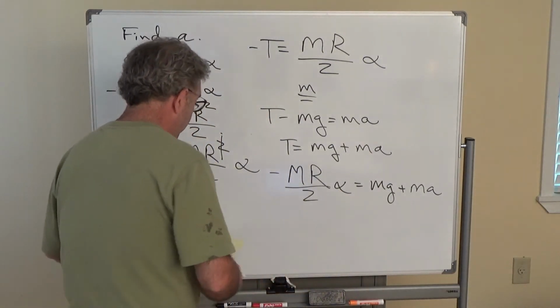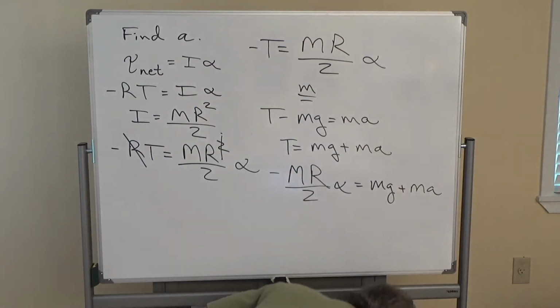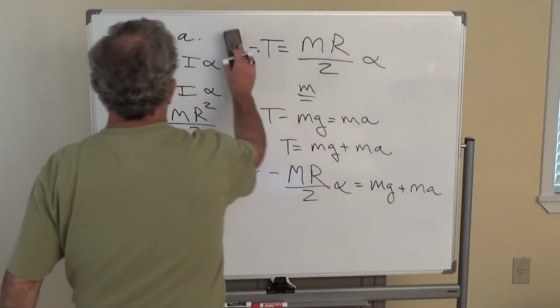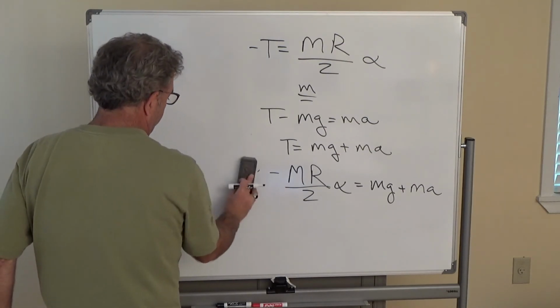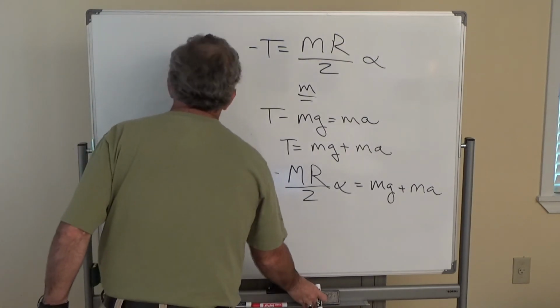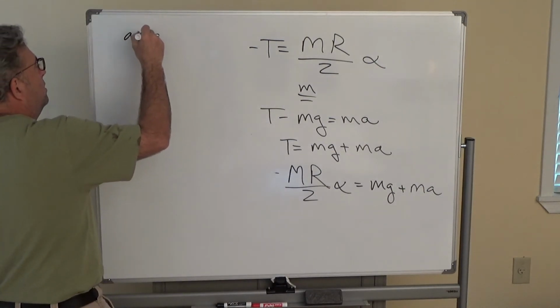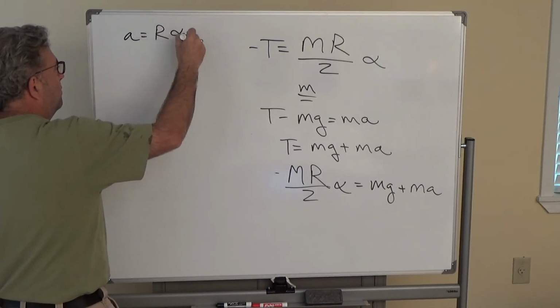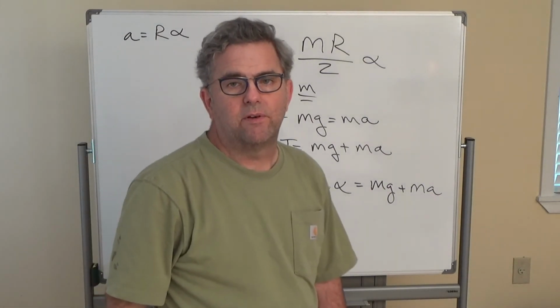Because I don't have the picture anymore, but for a point on the edge of the disk, the acceleration is equal to, we talked about this the other day, r alpha.